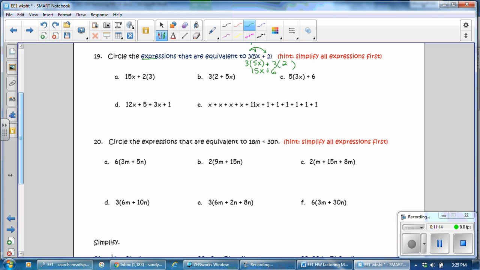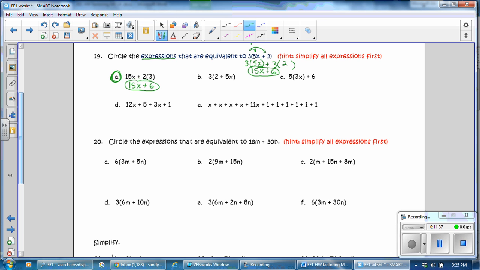So I am looking for expressions that are equivalent to 15x plus 6. So I'm going to take a look at A, and I've got 15x plus 2 times 3. 2 times 3 is equal to 6. So now I have 15x plus 6. That is an equivalent expression, so A is one of my answers.